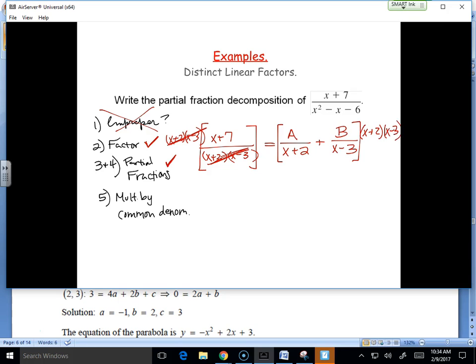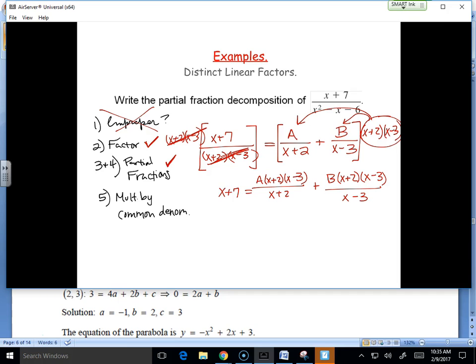Well, not everybody. Careful. This whole thing needs to distribute to both of my partial fractions. So I'm going to end up with x plus 7 equals, just for sake of you seeing it, a times x plus 2, x minus 3, all over x plus 2, plus b times x plus 2 times x minus 3, all over x minus 3. You don't have to show this every time once you figure out what's going to happen.